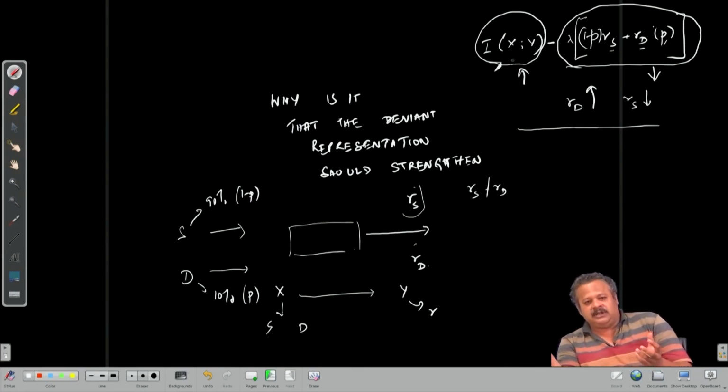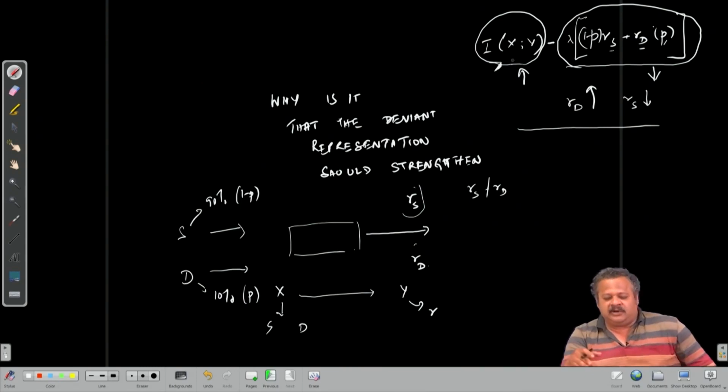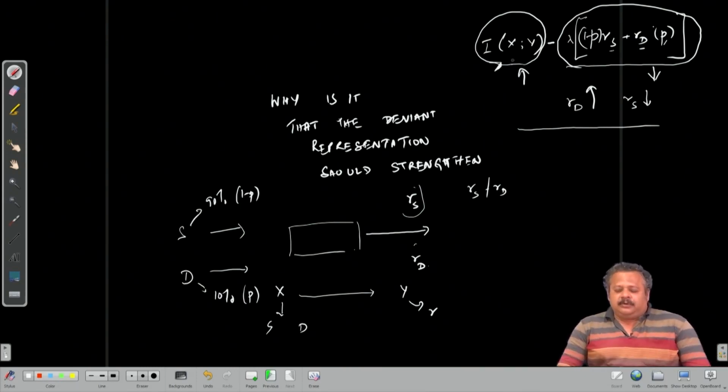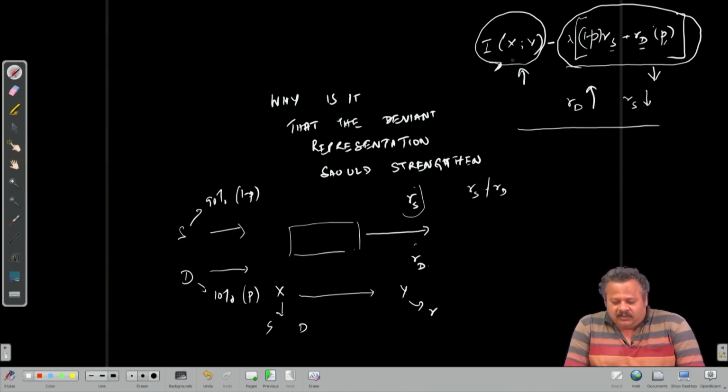It is because RS is weighted way more times than RD. So it is a very simple intuitive explanation, although it requires a lot of algebra because of the framing of the problem.